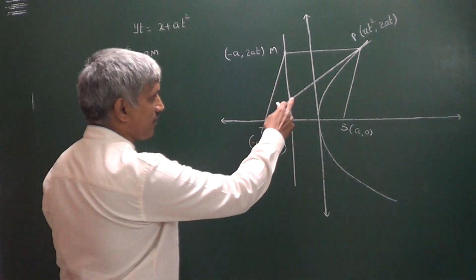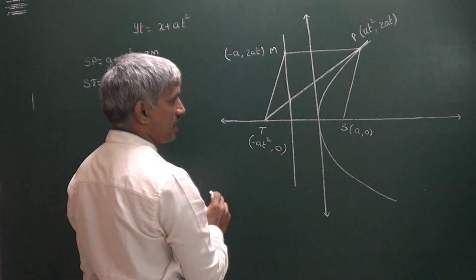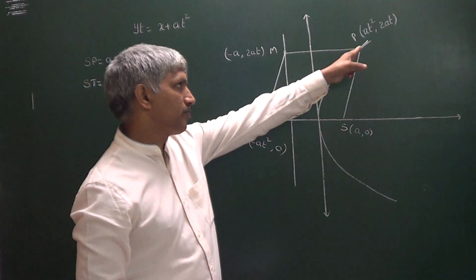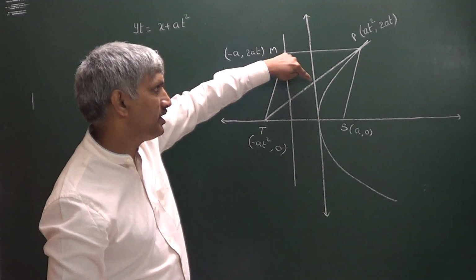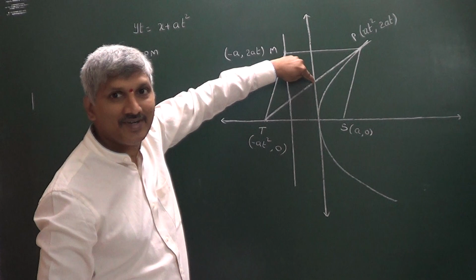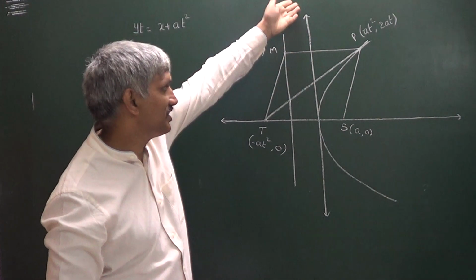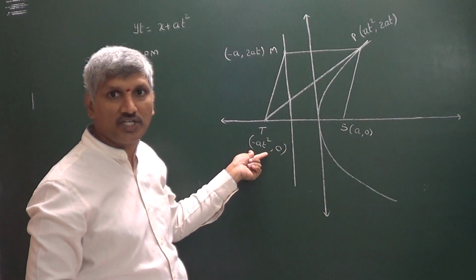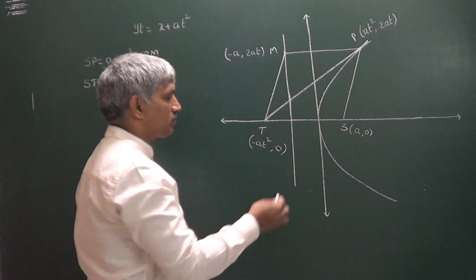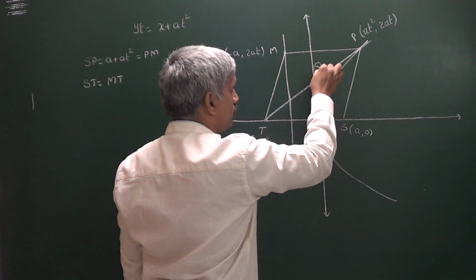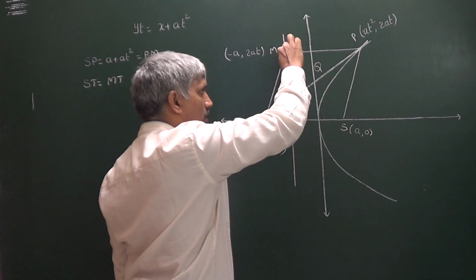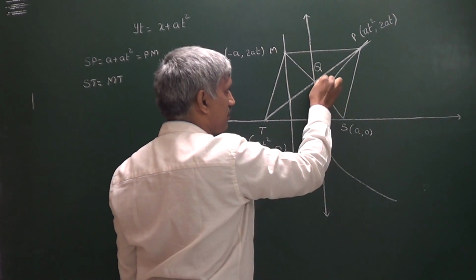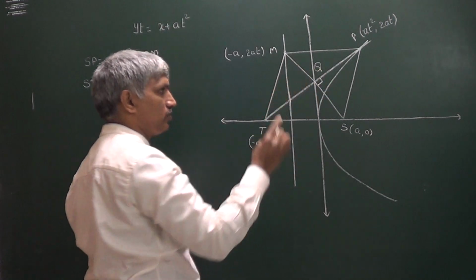This is one of the diagonals. The middle point of P and T must lie on the tangent at the vertex, that is on the y-axis, because here the x coordinate is at², here the x coordinate is minus at², and the middle point gives 0. That is why this point is Q. No doubt the other diagonal also passes through the same point Q. So this angle is equal to 90 degrees.